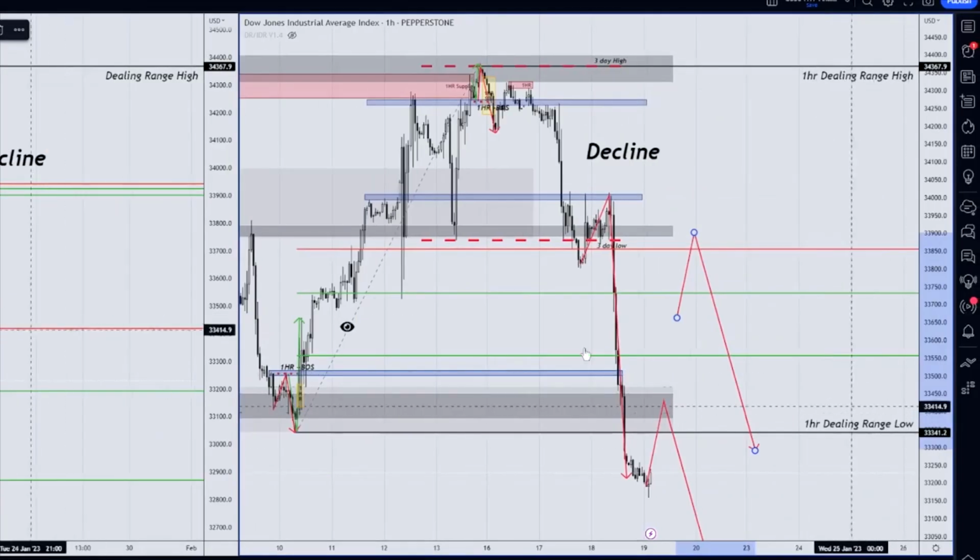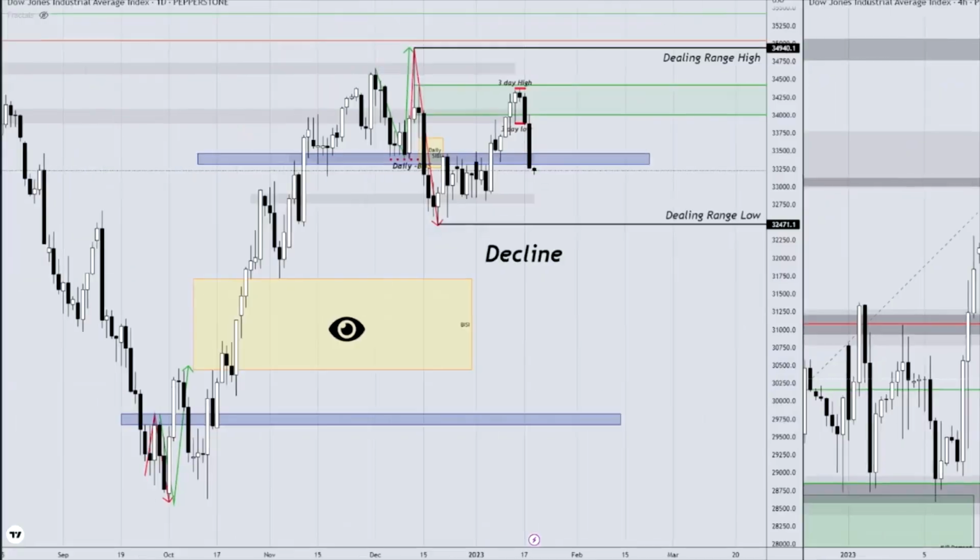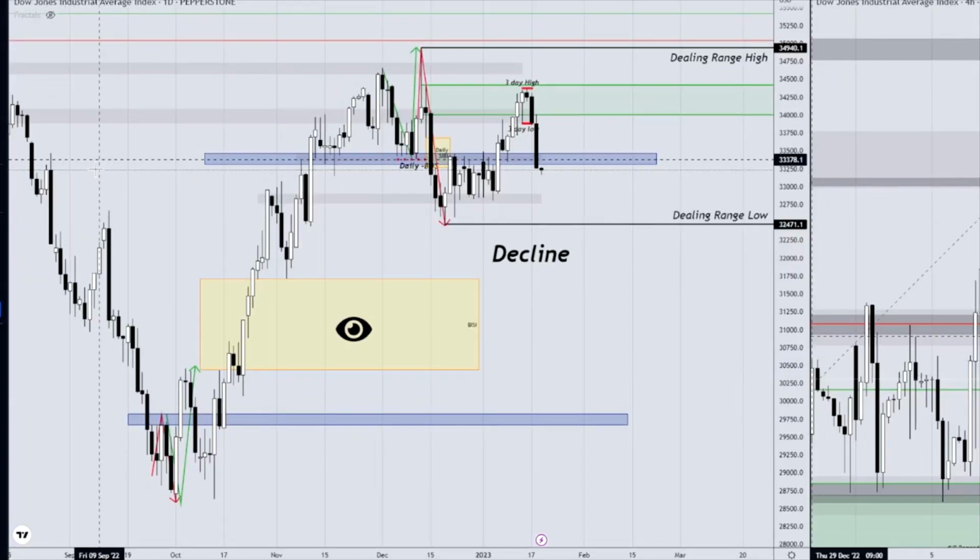I think we've got two scenarios there. One is that we hit this and we see some form of break of structure there to reverse back down again.